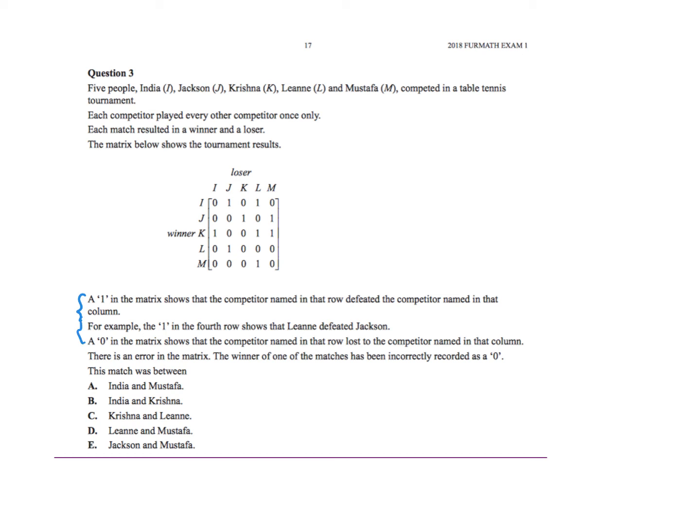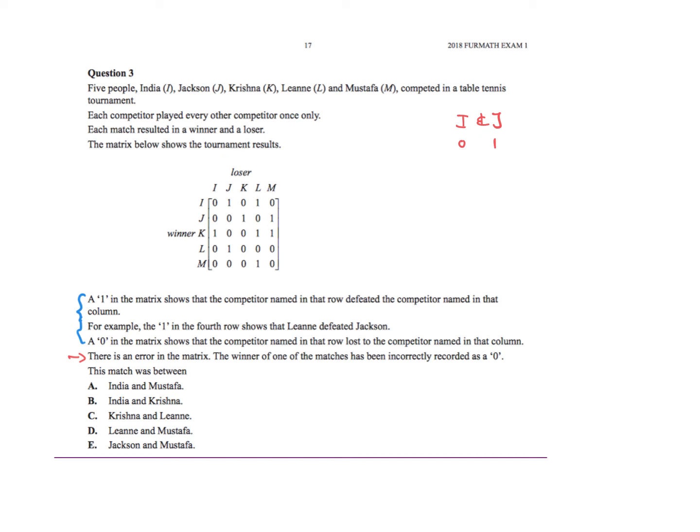So then we're looking at the question part, which starts here. So there is an error in the matrix. The winner of one of the matches has been incorrectly recorded as 0. This match was between... So what is happening is every pair, say I and J, one of them has to have a 0 and one of them has to have a 1, because someone has to have won the game.